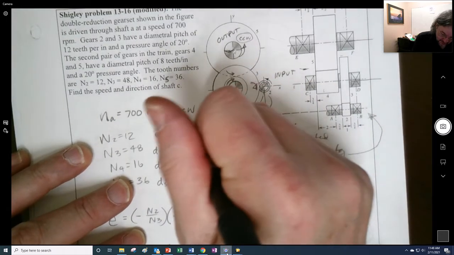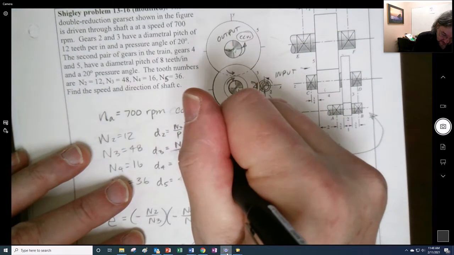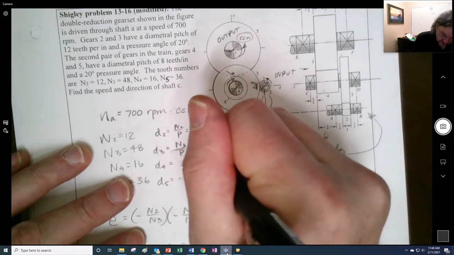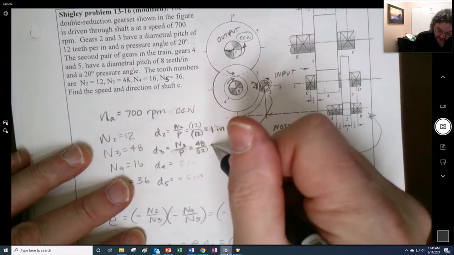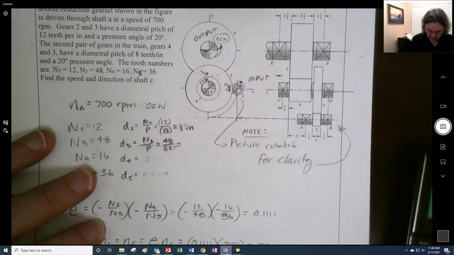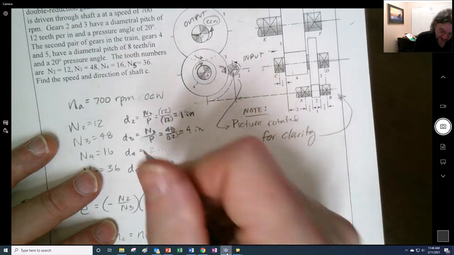It's supposed to be 12. Not listening. I could do that. That's 1 inch. Okay. And this right here, 48 divided by 12, I'm just about to divide it. Right? Okay, 4. Great. It says 4 inches.